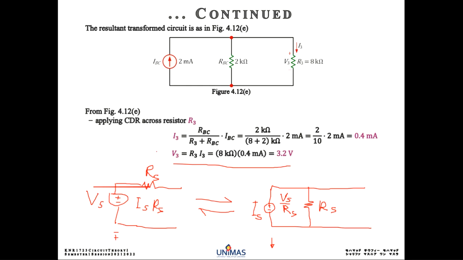But the important thing is the resistor is the same for the current source and the voltage source. The voltage source is in series, the current source in parallel, while the voltage will be equal to the current multiplied by the resistance, and the current will be equal to voltage divided by resistance. Ini saja.